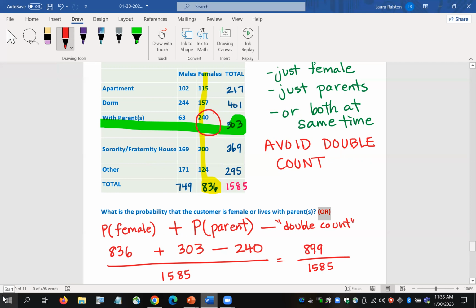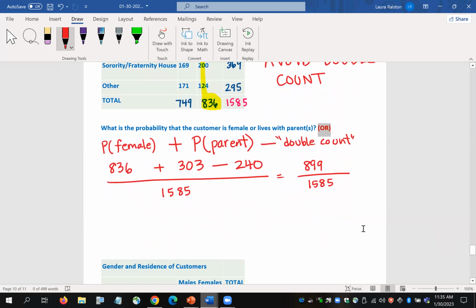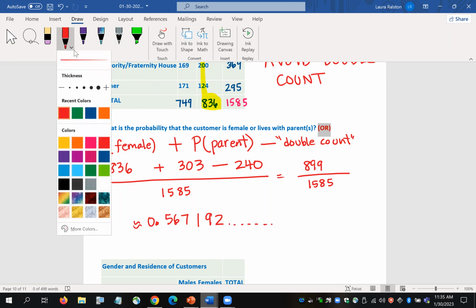So 899 divided by my total of 1585 gives me the decimal 0.567192, and so forth. Again, we're rounding to 3 decimal places.